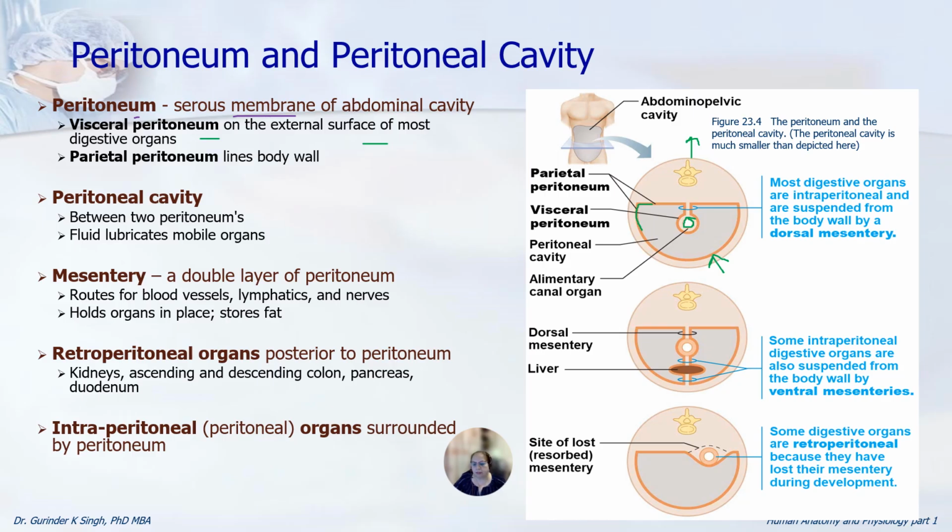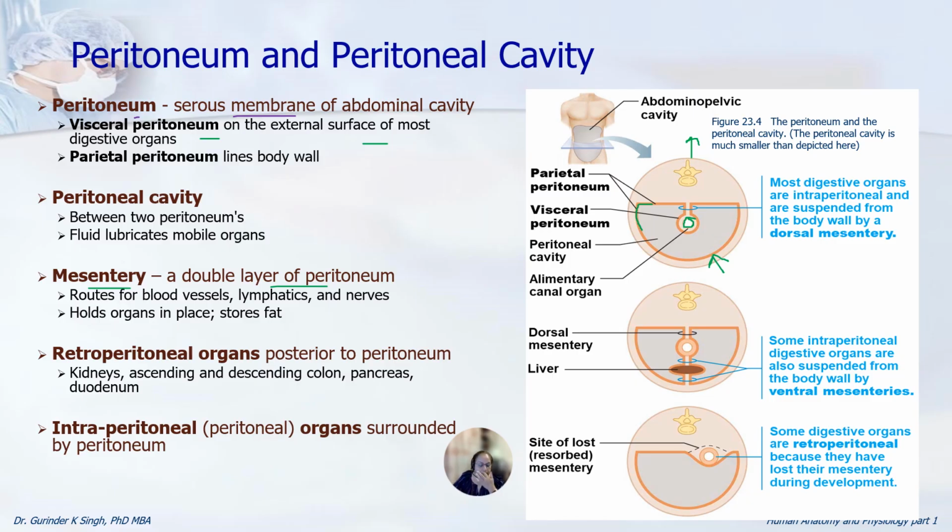Okay, another thing which we want to talk about is what is known as the mesentery. In the digestive tract, especially in the abdominopelvic cavity, we have a couple of mesenteries. And what are these? The mesenteries are double layers of this serous membrane, what we call peritoneum. Okay, and mesenteries contain what?